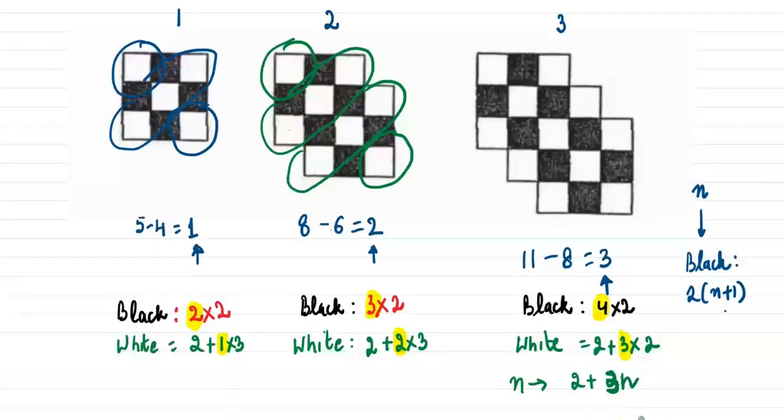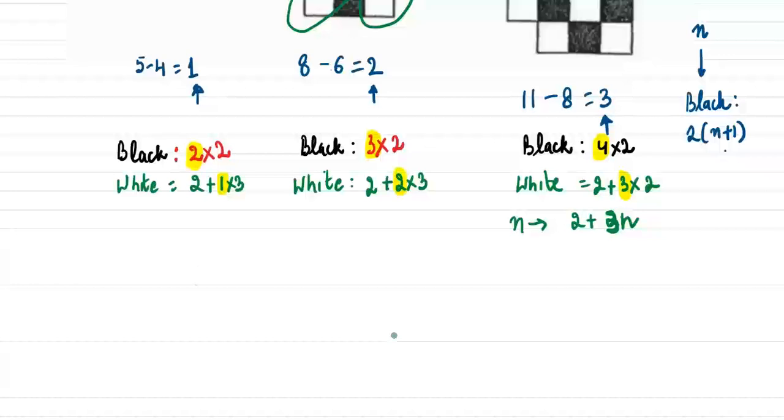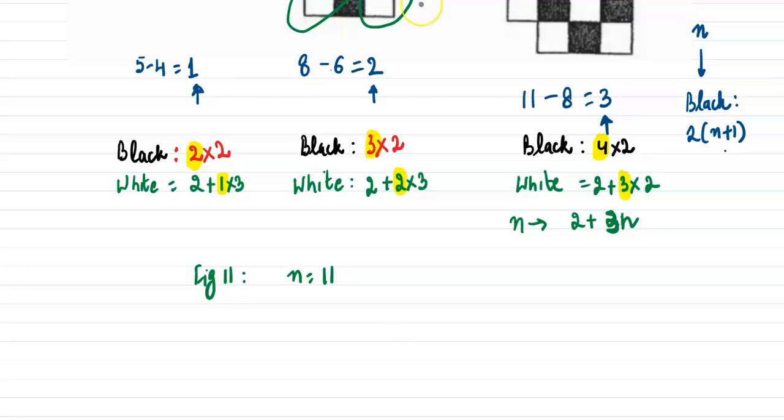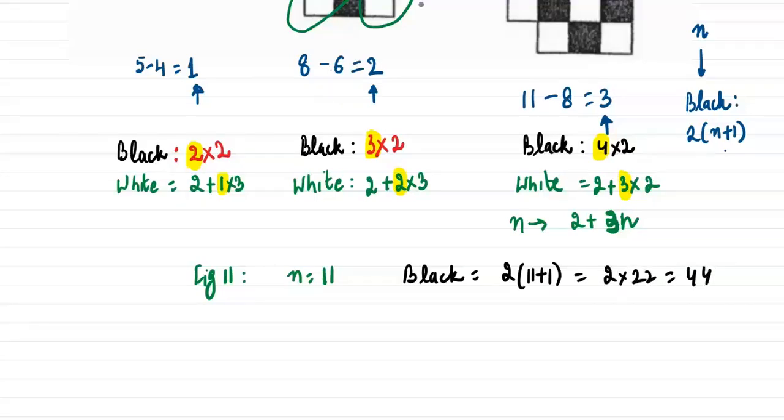Now let's check for figure 11. Figure 11 means n should be equal to 11. So the number of black squares should be equal to 2 into 11 plus 1. That is 2 into 12, that should be 24.